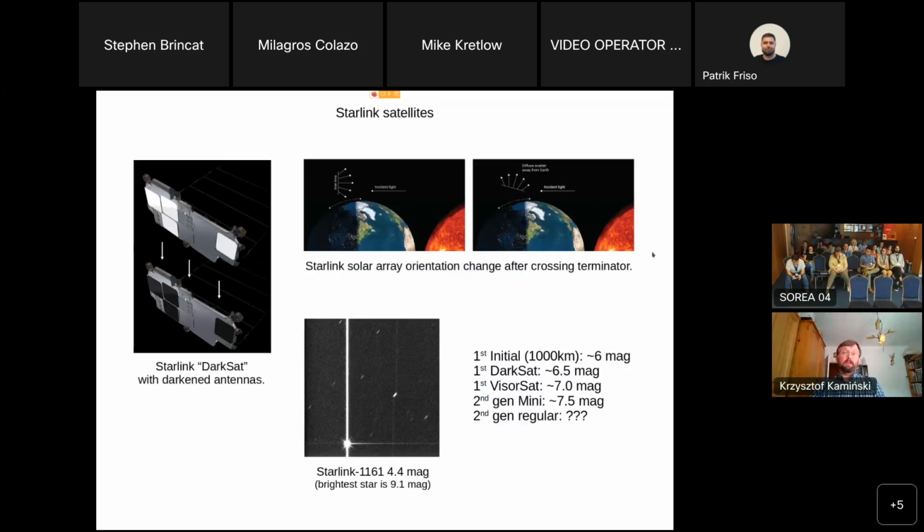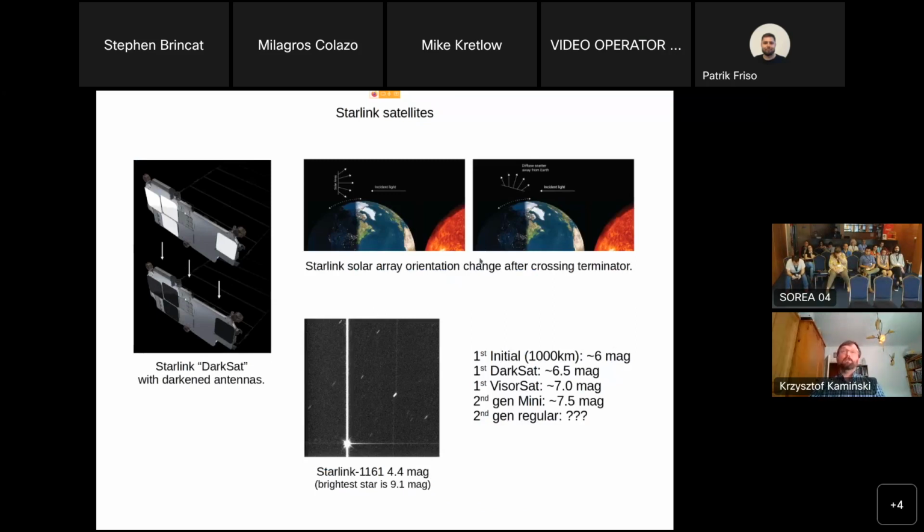So what can be done about this? On one side, there is good news that the Starlink constellation is being modified to reduce the observed brightness of these satellites. Initially, it started with dark sats, just painted in black.